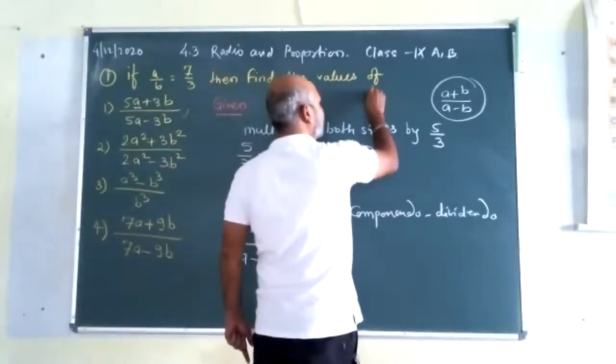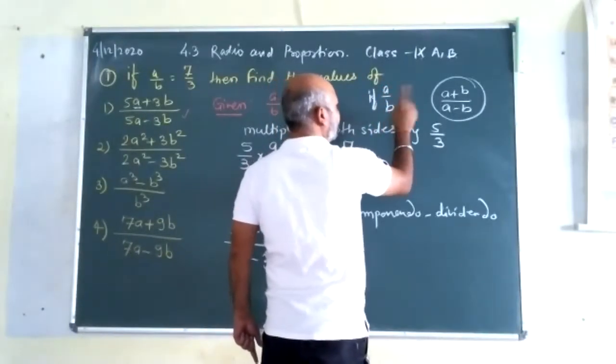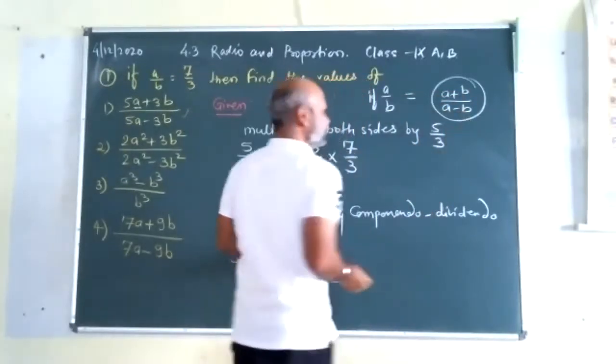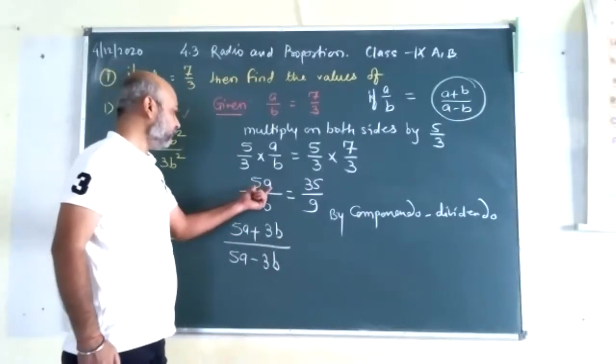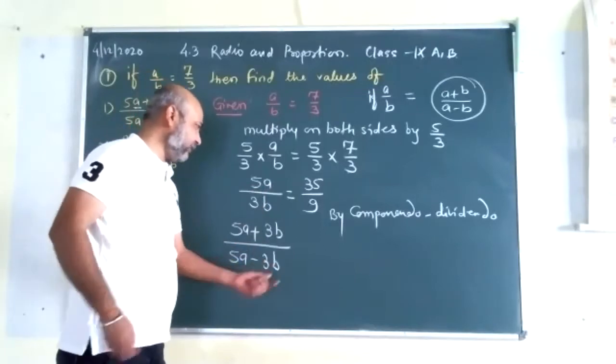Means if this is A upon B, then by componendo dividendo you write A plus B upon A minus B. Similarly, write 5A plus 3B upon 5A minus 3B.